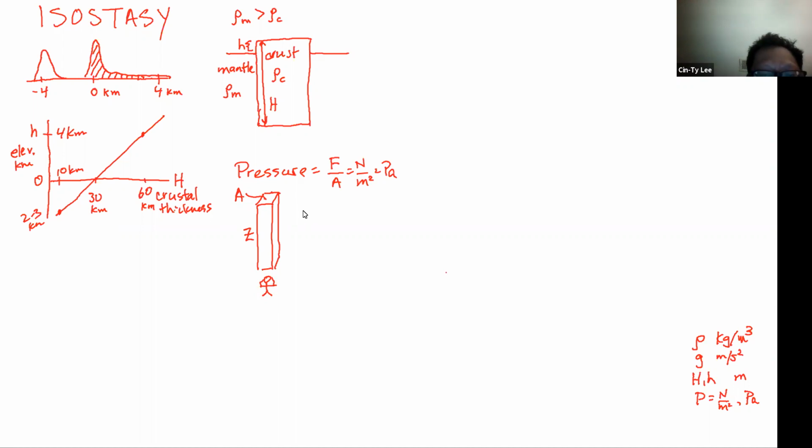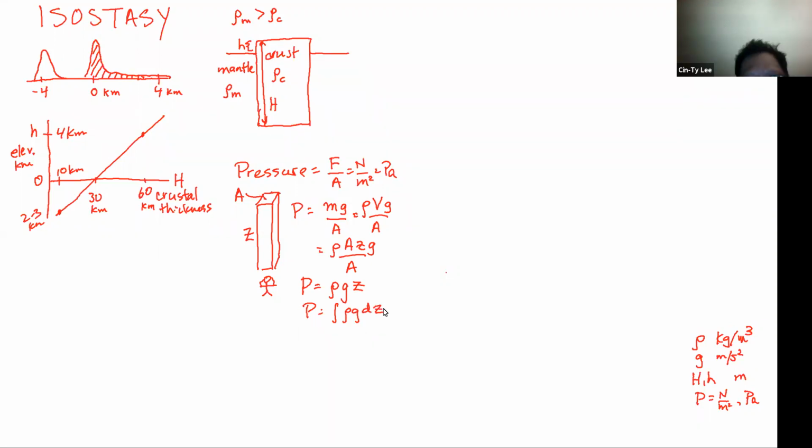And so the pressure would equal the mass times gravity divided by area, but mass is of course the density of this rock multiplied by the volume, times g over A, and the volume would be the area times z, so times g over A. So basically pressure, you find, is rho g z. In reality, it's the integral of rho g dz. But if we keep rho constant and g constant, then we'll just look at this one right here, rho g z.